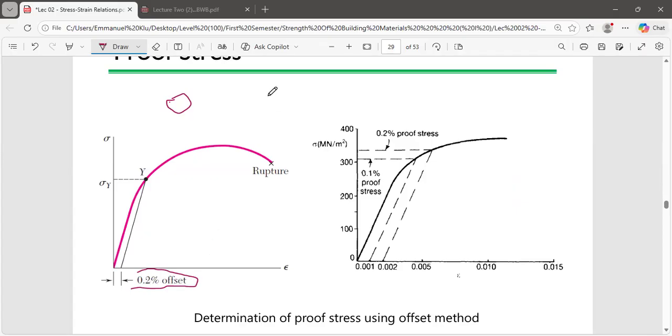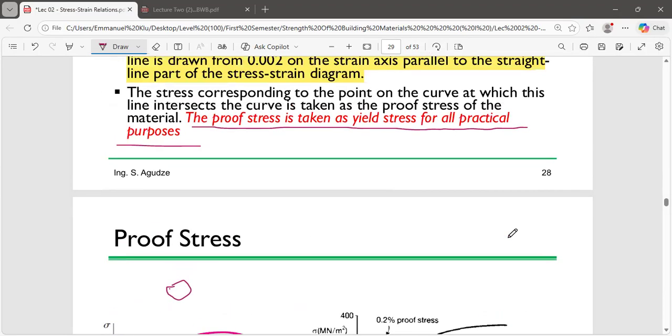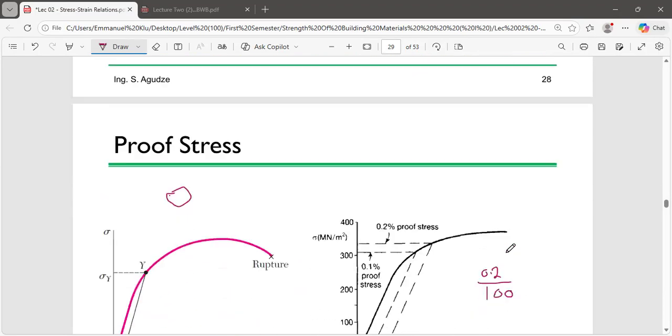So this line is being offset at 0.2%. Don't be confused. Look at something over here. This is 0.2%, which means 0.2 over 100. You see what is happening over here. At the end of the day, if you divide this and want to write it in decimals, what are you going to get? 0.002.